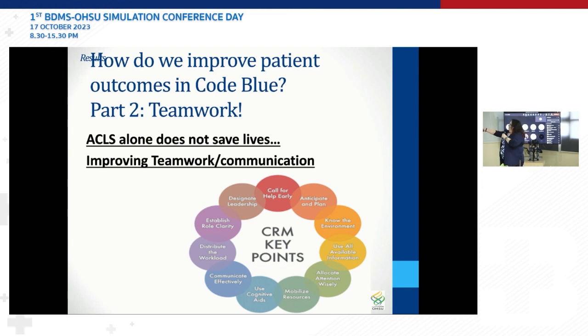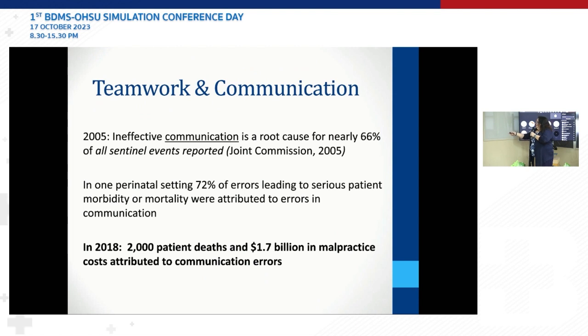So how do we improve outcomes? So I just talked to you a little bit about ACLS, but I think we could probably agree that I could take 10 ACLS certified people, bring them together and run a really bad code because they're not used to working together as a team. So we actually also train the teamwork element, right? And ineffective communication, I think everybody knows, is a root cause of an enormous amount of medical errors.